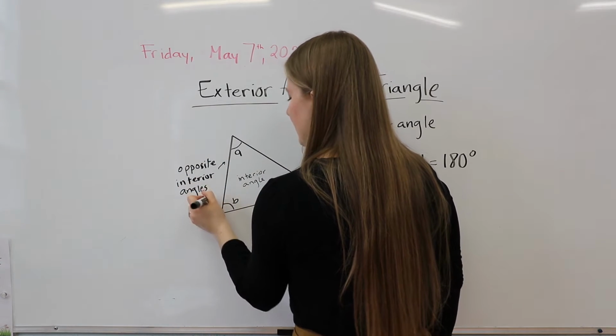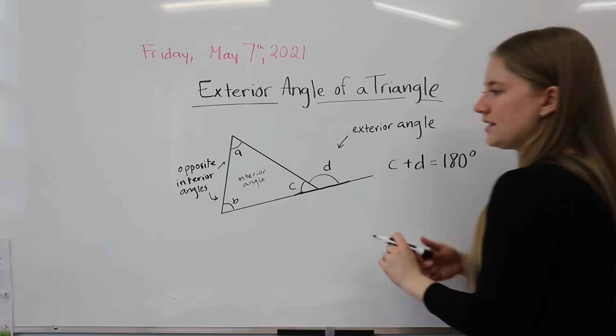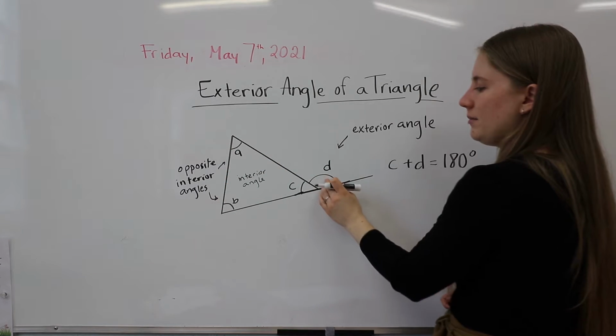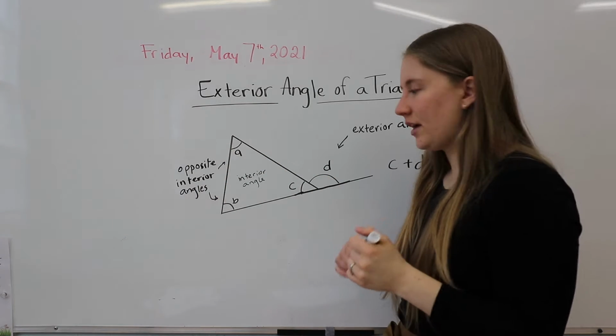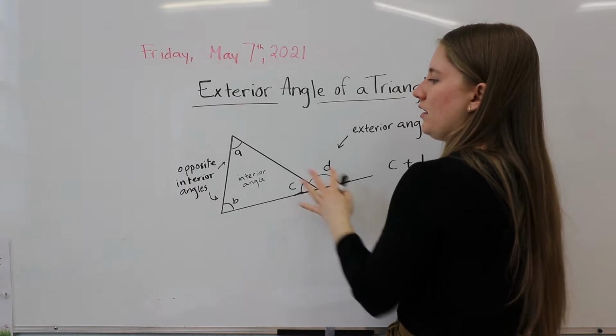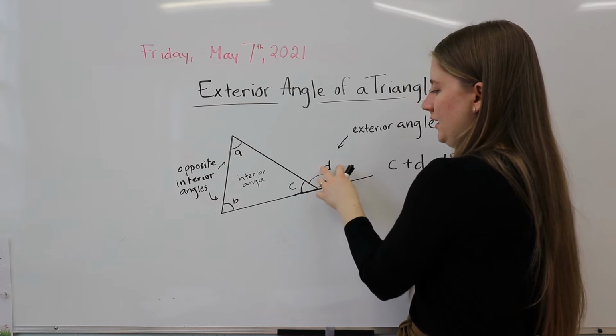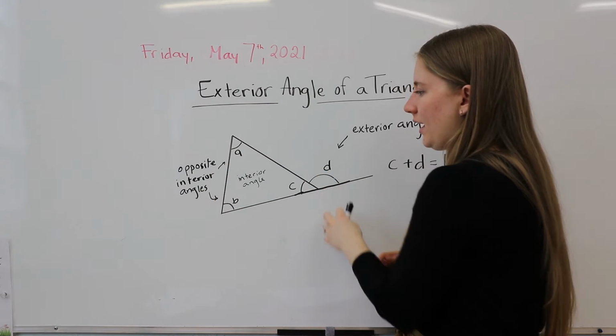Okay? That's A and B, and that's because they are across from our angle D, okay? So they're opposite to D, okay?